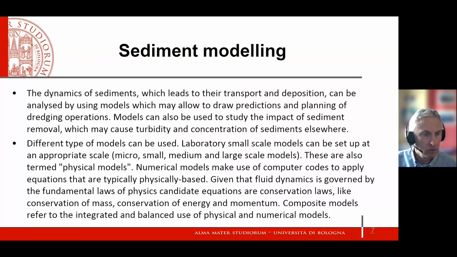Also in the realm of sediment modeling, we can perform sediment modeling with the usual two categories of models, the numerical model and the physical model, where by physical model, I mean a small scale lab model. In coastal engineering we focused on numerical modeling, and we set up a numerical model for description of beach hydrodynamics and morphodynamics.